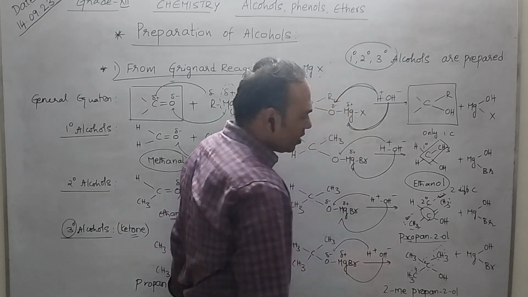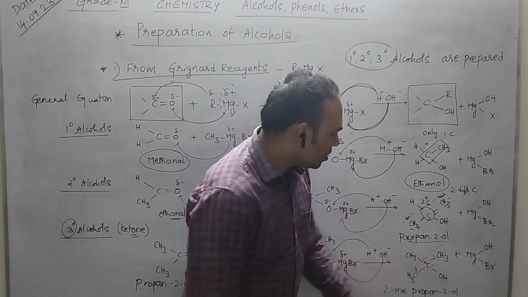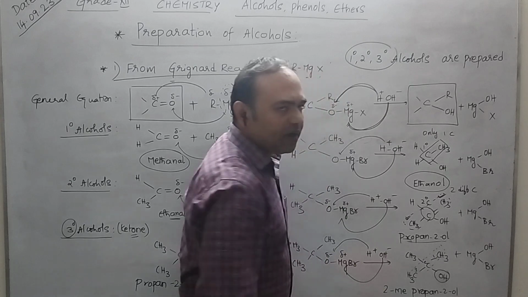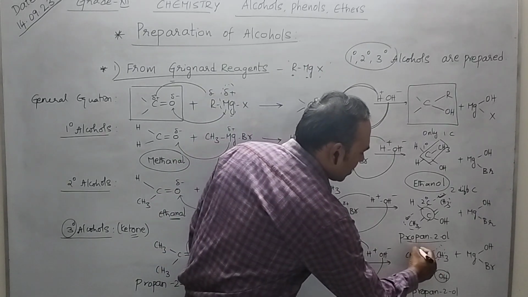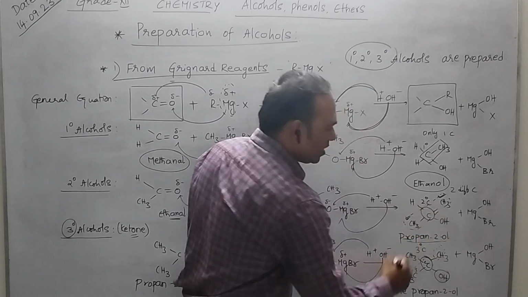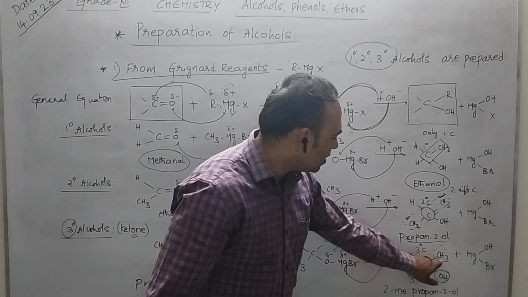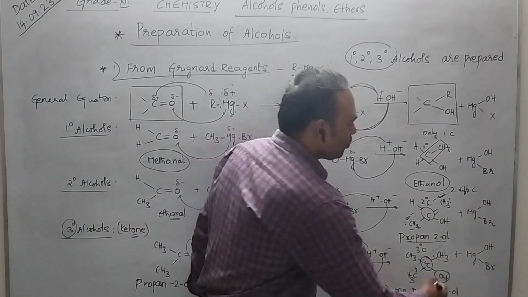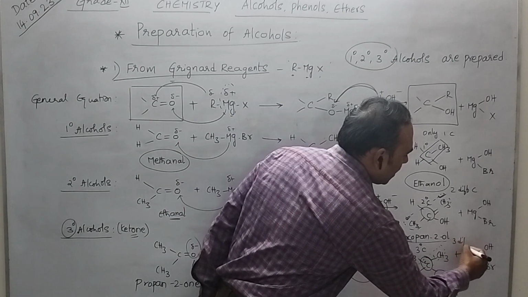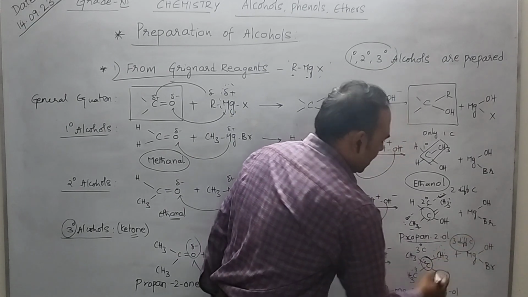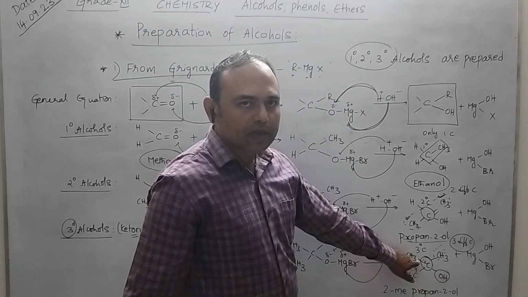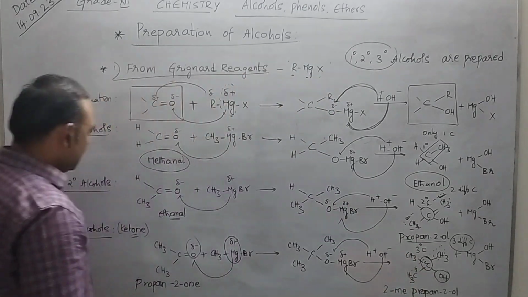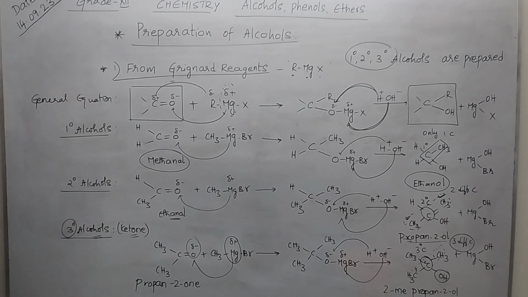Prop is the root word, then at the second position OH is there. Very important thing, why do you call this tertiary? Because this carbon is known as a tertiary carbon. It is surrounded by 3 different carbons. If a carbon is surrounded by 3 different carbons, it is called a tertiary carbon, and if the OH group is connected to a tertiary carbon, that will become a tertiary alcohol. Hope you have understood this. Make a note of this.